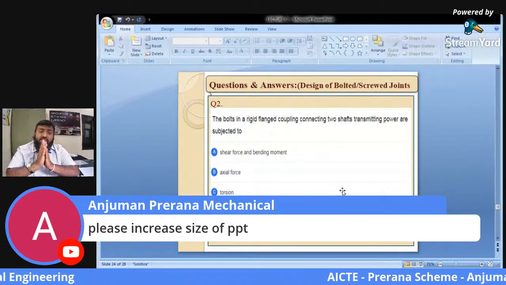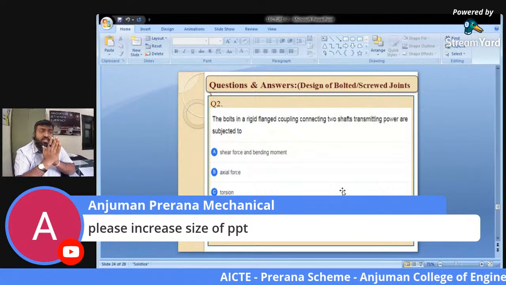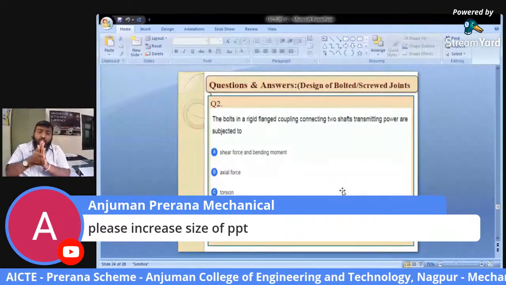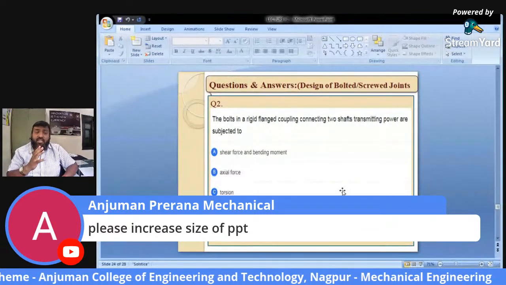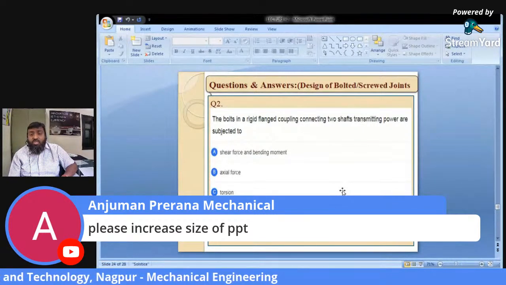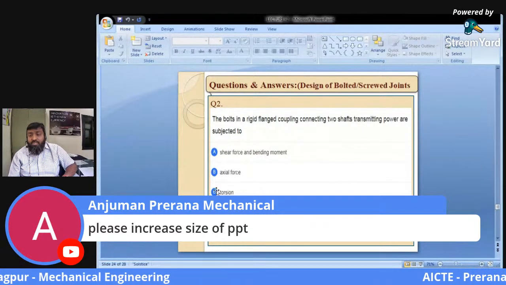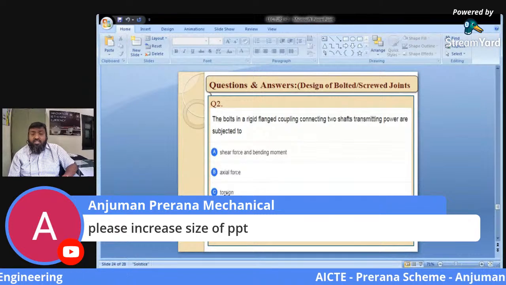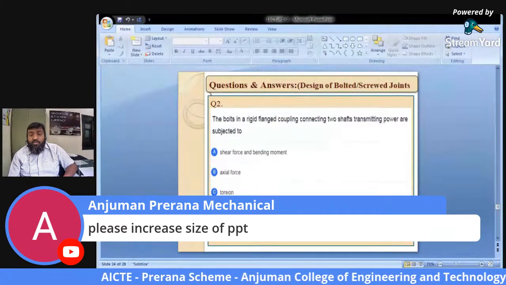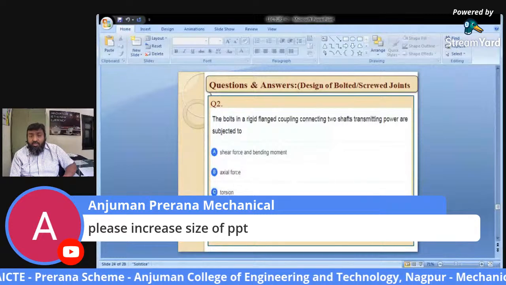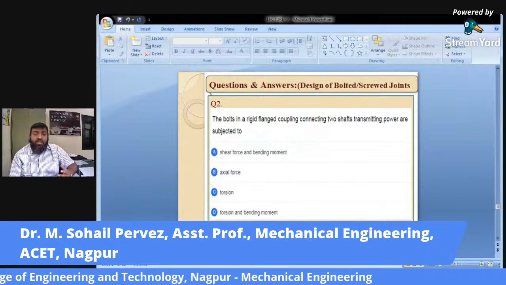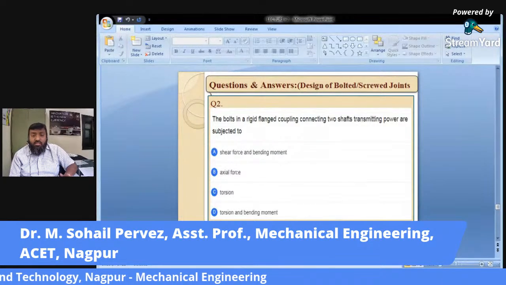If the driver side is trying to rotate this bolt, then the bolt will be rotated. When we say it tries to rotate, it means it will be subjected to torsion itself. So the answer would be torsion. This is the second numerical question for 1 mark, where simple knowledge of motion will be effective.